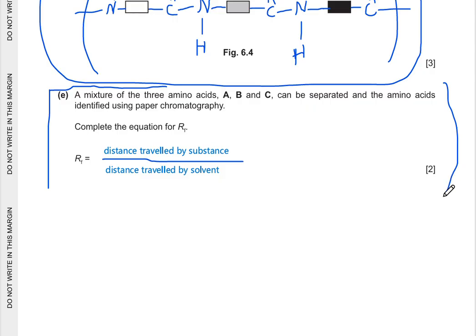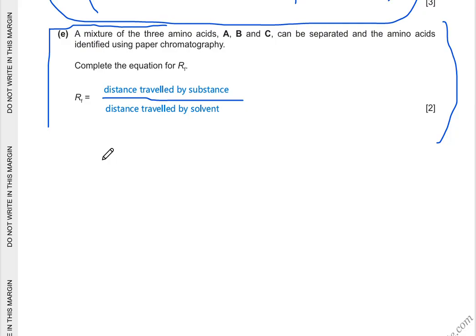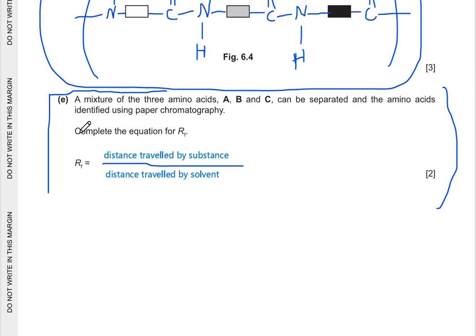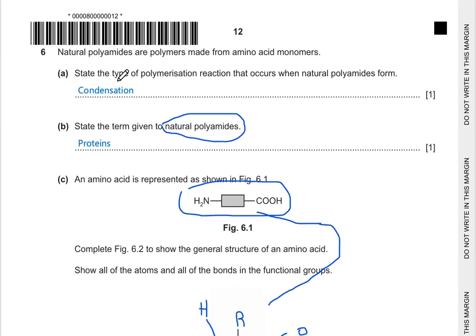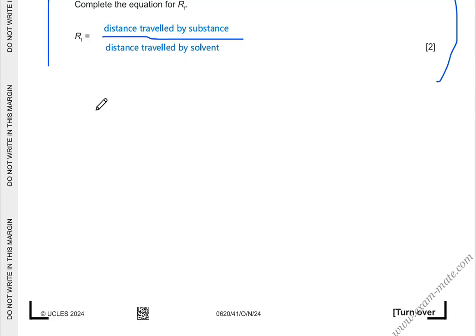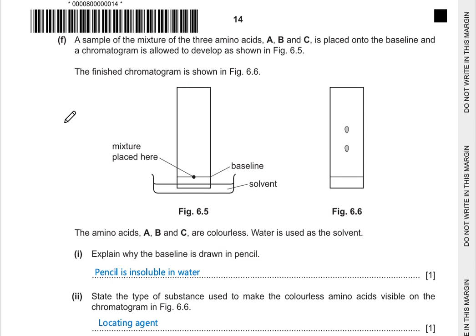It is easy to solve, but when you have solved more than 90% of the paper and you see this question, you may be surprised and not remember. But remember this is chromatography and we are measuring the RF value. And what is the RF value? It is just the distance traveled by the substance over the distance traveled by the solvent.